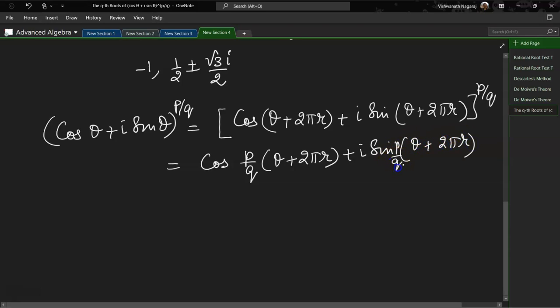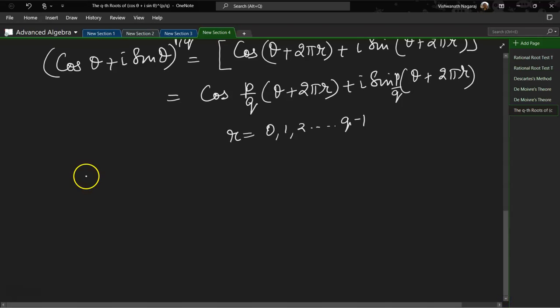And now we just substitute the value of r starting from 0, 1, 2 and so on up to q minus 1.